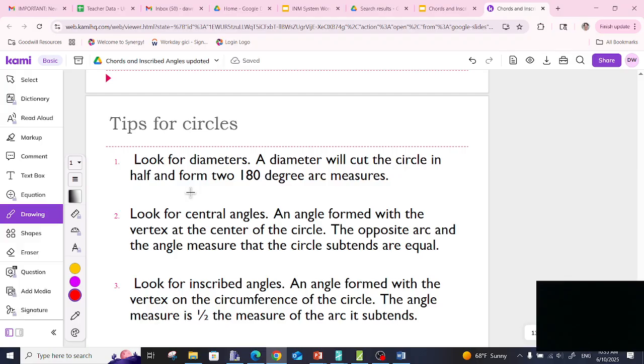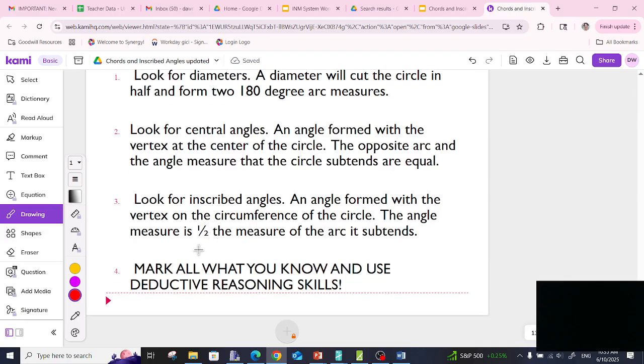Look for angles formed with the vertex at the center of the circle. The opposite arc and the angle measure that the circle subtends are equal. Look for inscribed angles, an angle formed with a vertex on the circumference of the circle. The angle measures half the measure of the arc it subtends.